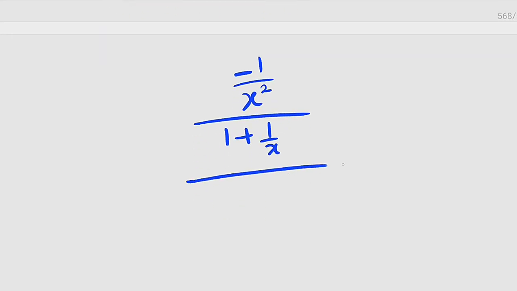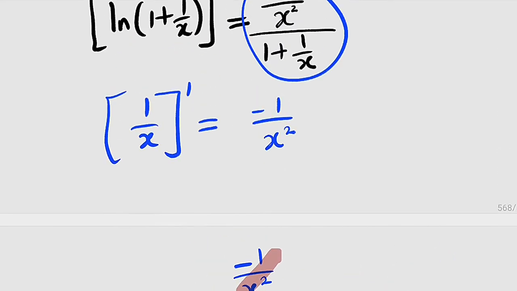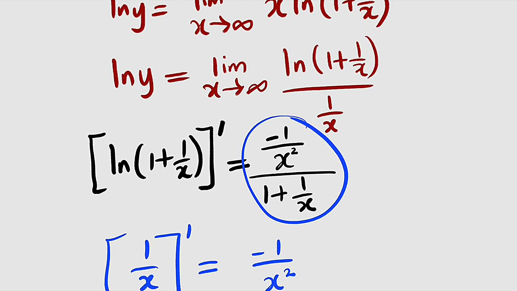Also, you divide it by negative 1/x squared. You can clearly see that this will cancel this, right? All we have is equal to 1 divided by 1 + 1/x. So this is what we have after differentiating the top and the bottom.